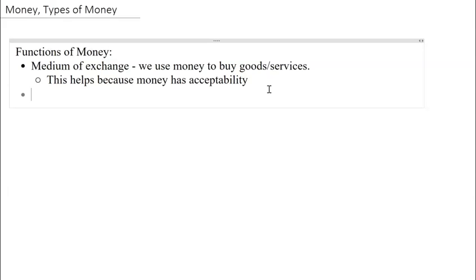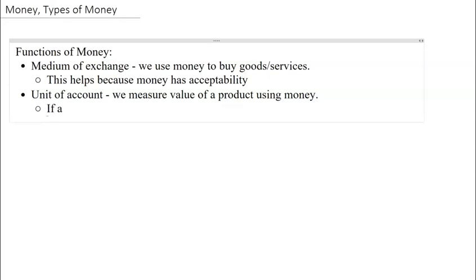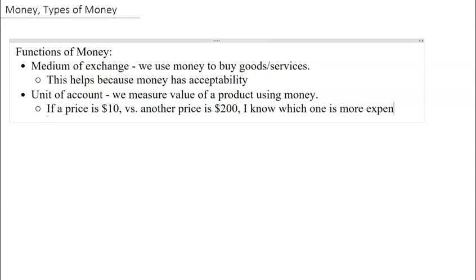The other function of money is a unit of account, which means we measure the value of a product using money. If one price is $10 and another price is $200, I know which one is more expensive.